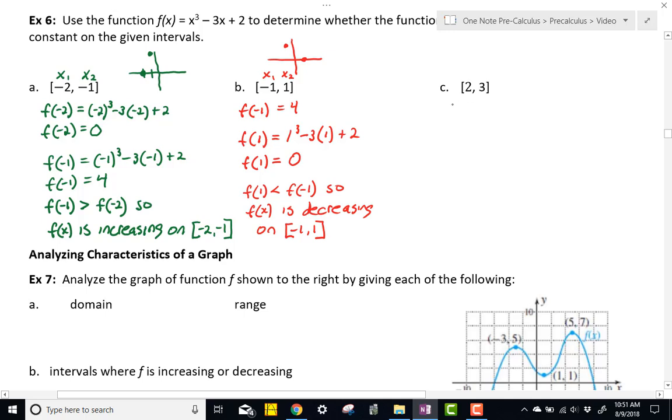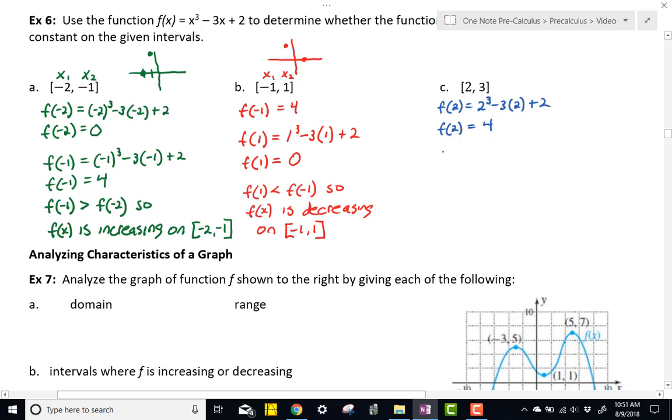All right, so f of 2 is going to equal 2 cubed minus 3 times 2 plus 2. So doing a little bit of math here, 8 take away 6 is 2, and 2 plus 2 is 4. Wow, we get a lot of zeros and 4s in here, don't we?